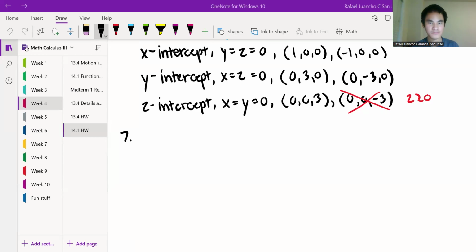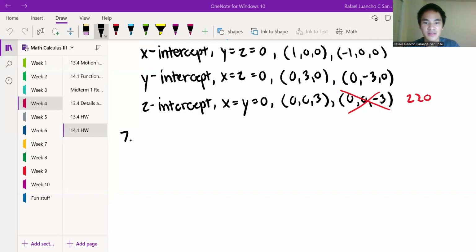Okay, so let's just hop right into it. Number 7, I'm just pulling up the homework. Basically, we want to match the function with its graph.